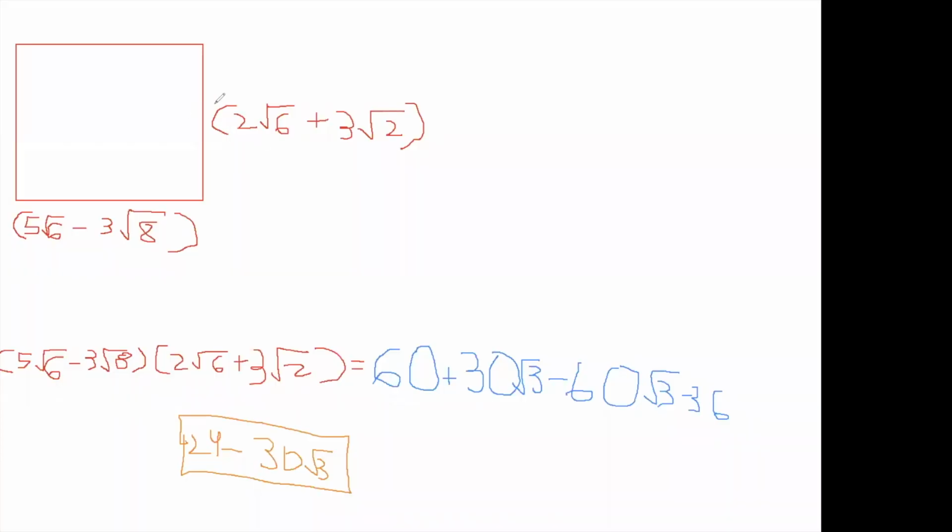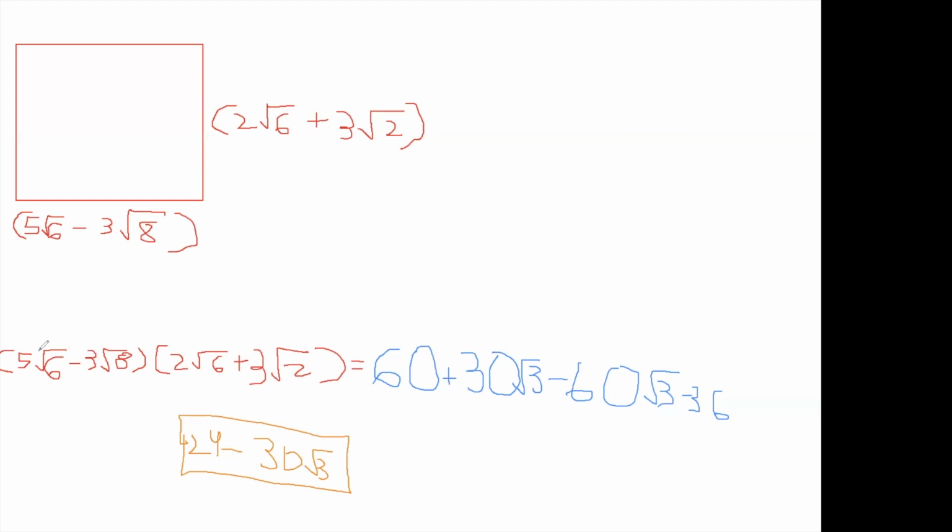In this exercise, we need to calculate the area of the rectangle. To do this, we need to multiply the two values, base and height. To multiply this, we need to multiply 5 times 6 square root times 2 times 6 square root, and the answer is 60.